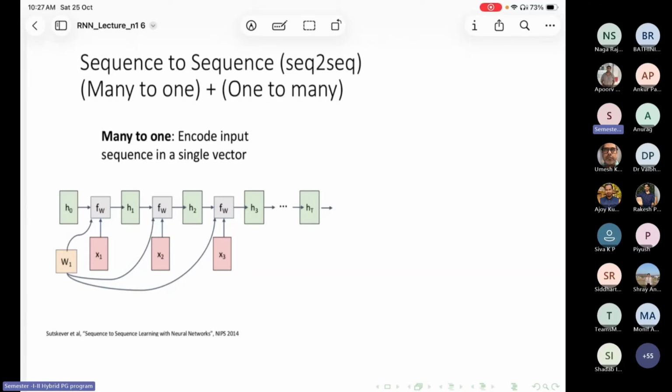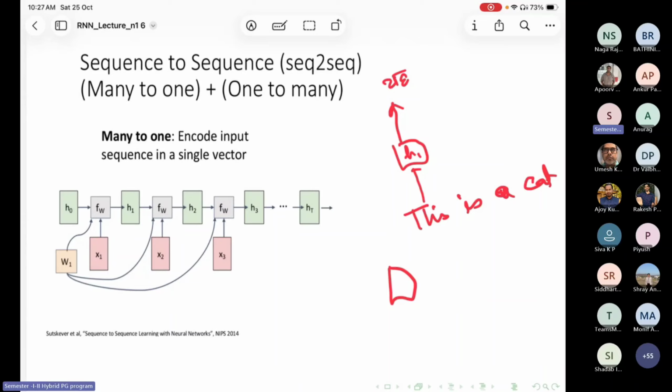Why? Suppose I'm writing something: this is a cat. For every word we have a state, and with the help of each state you predict some output. Suppose you started with this, and you are doing the translation in Hindi, so for "this" you write "yeh".